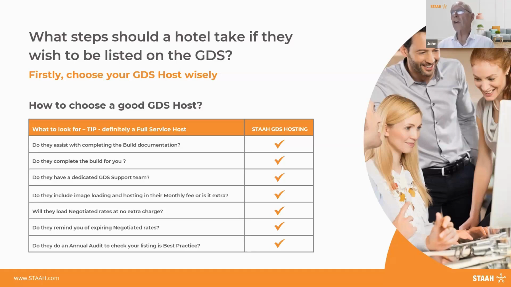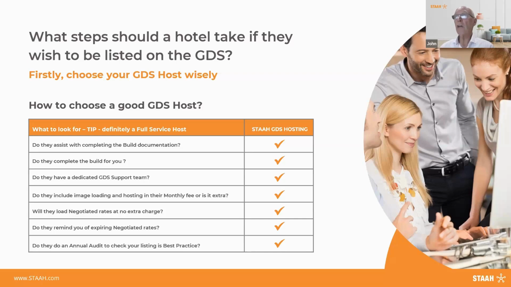Will they load negotiated rates at no extra cost? I suspect most would, or they may expect you to do it. But the reality is our GDS support team does it for our hotel clients at no extra cost. As I mentioned earlier, do they remind you of expiring negotiated rates? I can't answer that. I don't have the information, but I can say that we do.